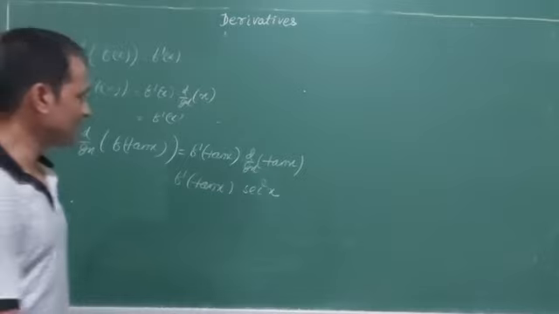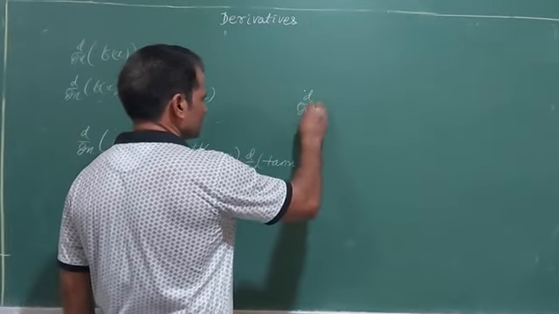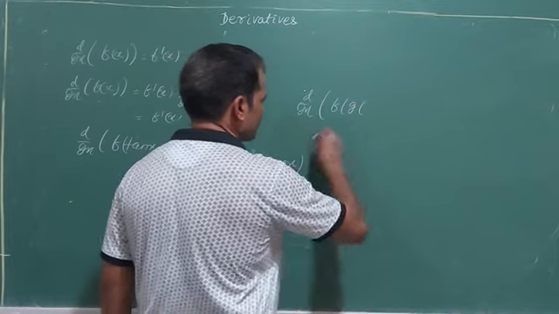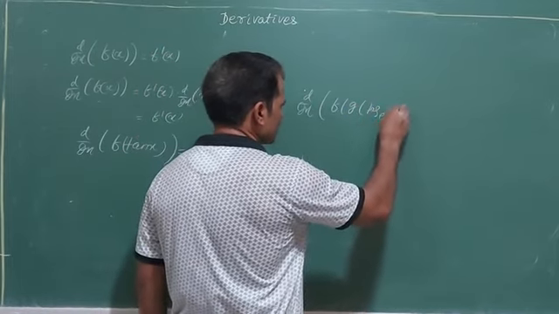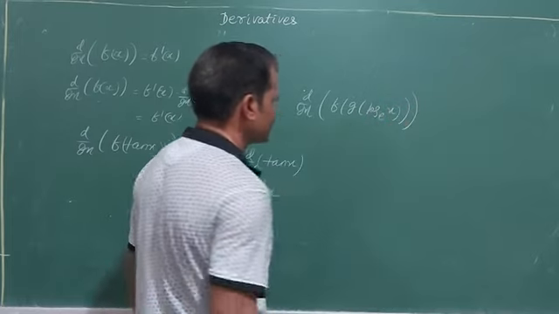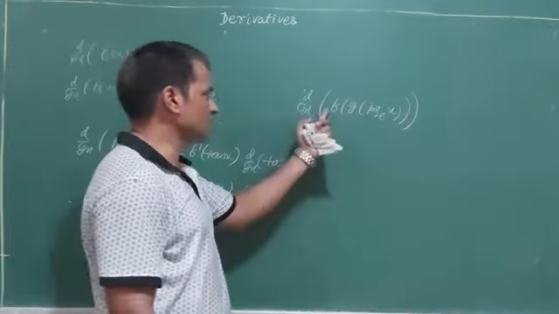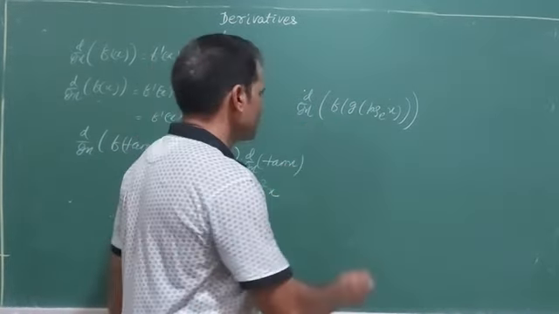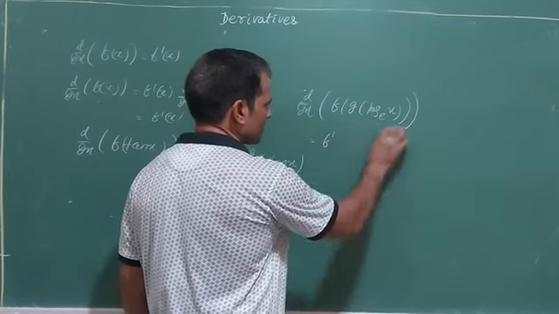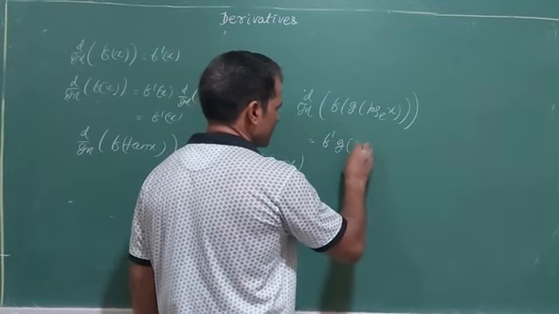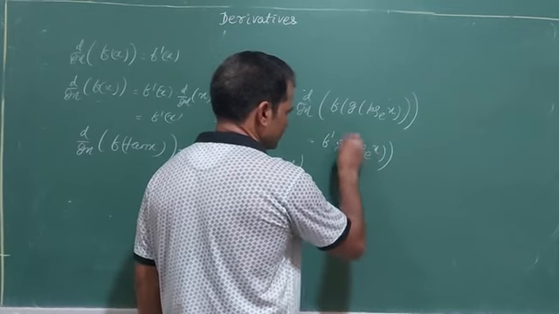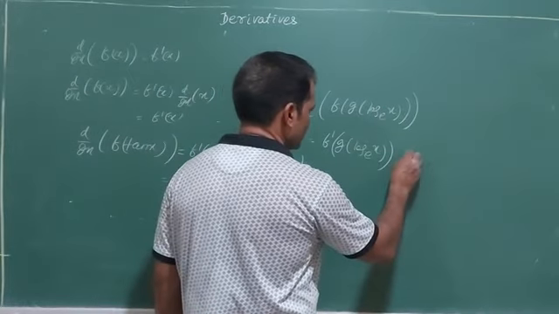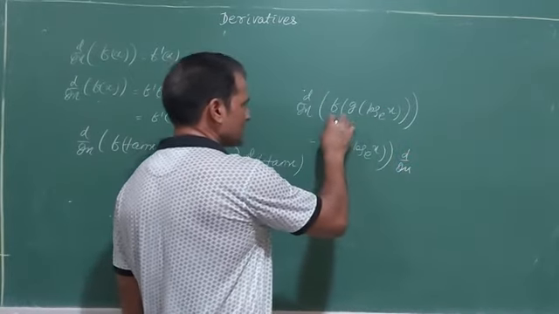So the same question I will extend a little. D by dx of f of g of log x. Whenever I go to the derivative, first I reach f, because the outer function is f. So its derivative is f dash with whatever is the content, g of log x. Then I have done the derivative of this one.